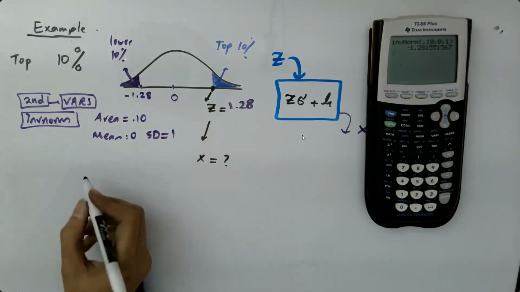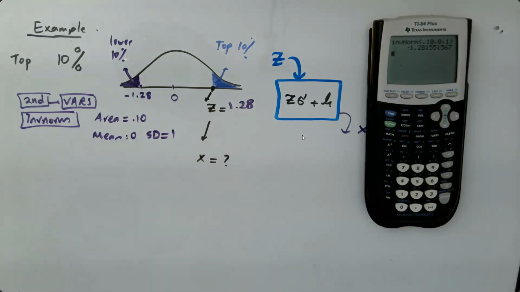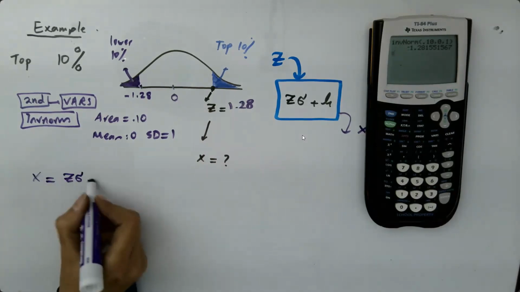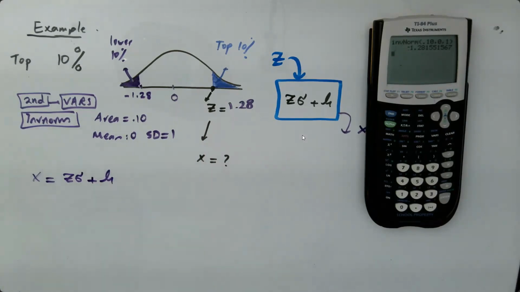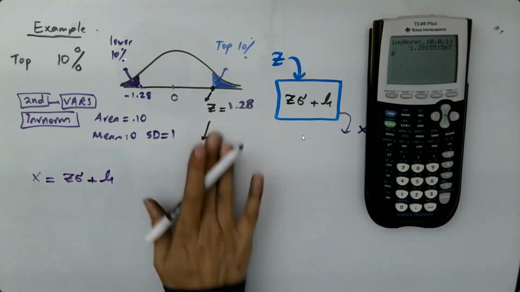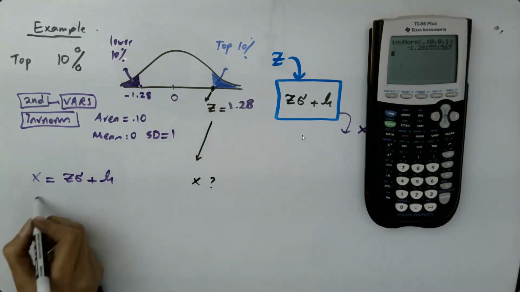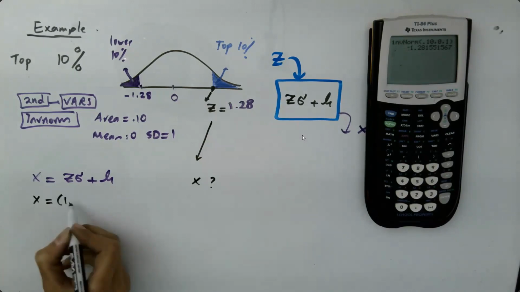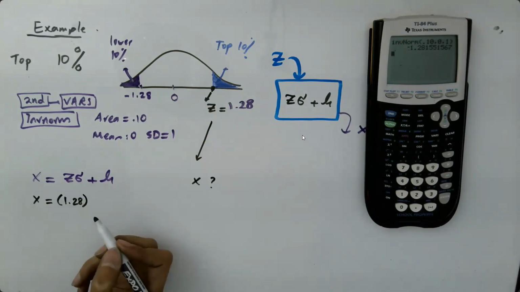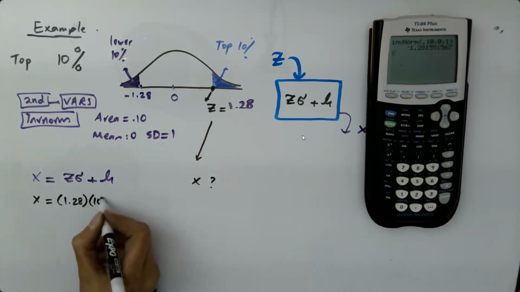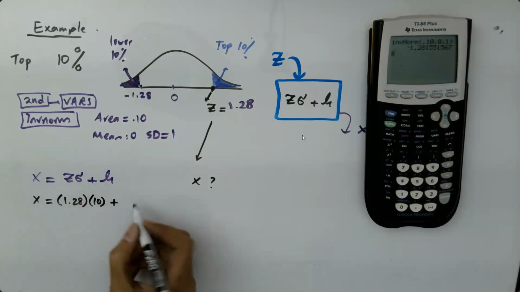You know that X is equal to Z times sigma plus the mean. So let's enter all of this information and find our X. X becomes Z, which is 1.28, times sigma. Sigma is given in the question: the standard deviation is 10 and the mean is 50.